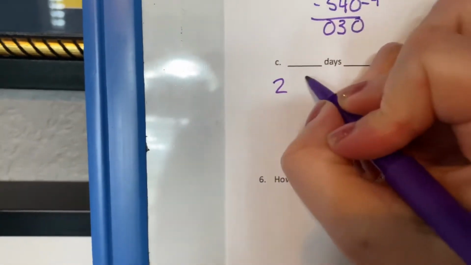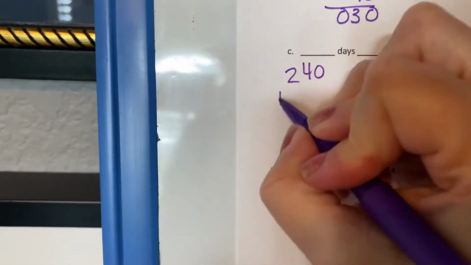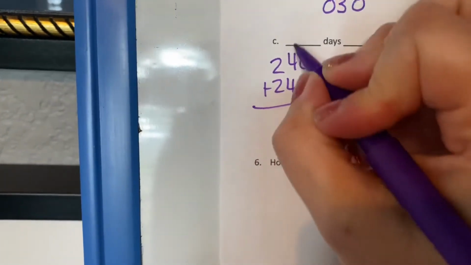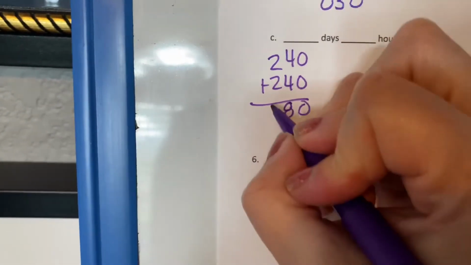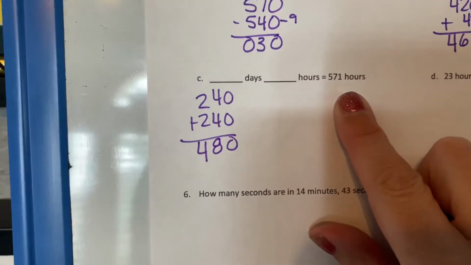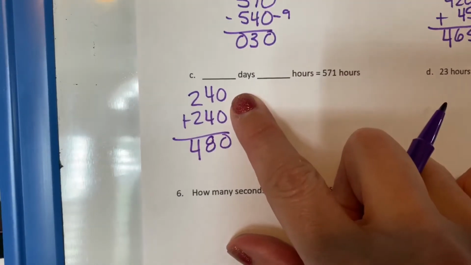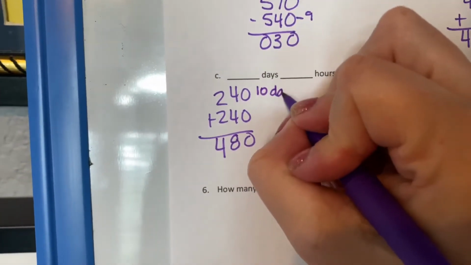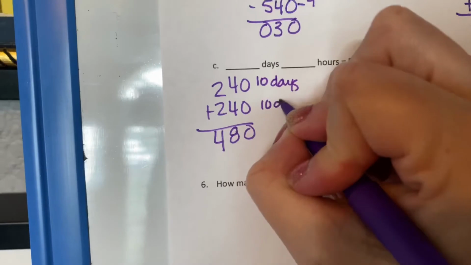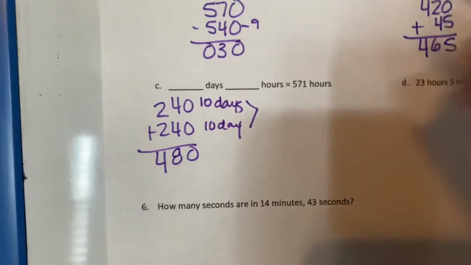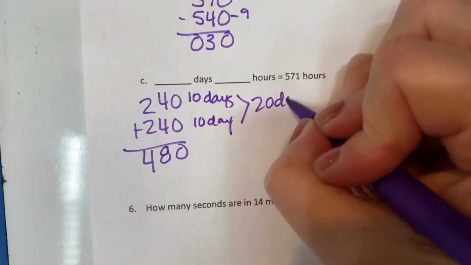So 240 plus 240, 0 plus 0 is 0, 4 plus 4 is 8, 2 plus 2 is 4. That's getting me awfully close. And I know that 240 hours was 10 days, and this was 10 days. So right now I am at 20 days so far.